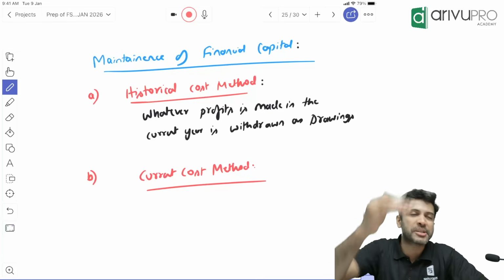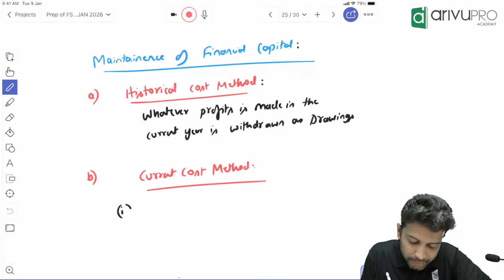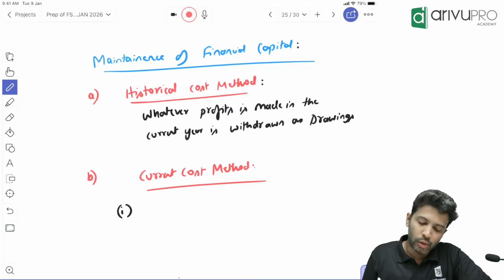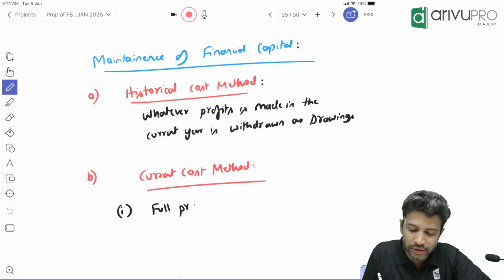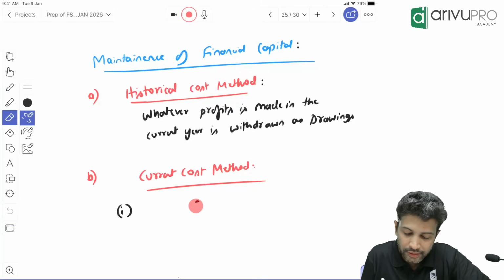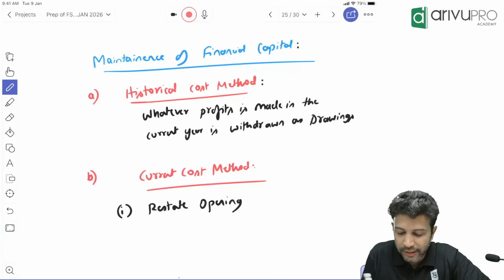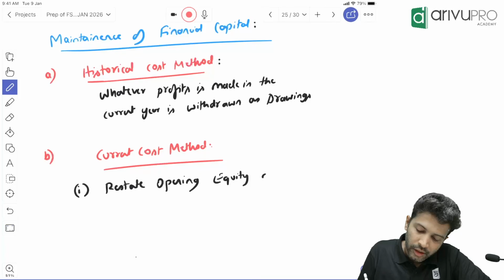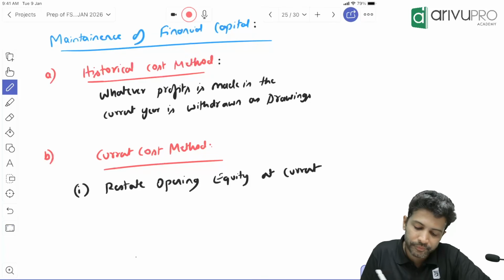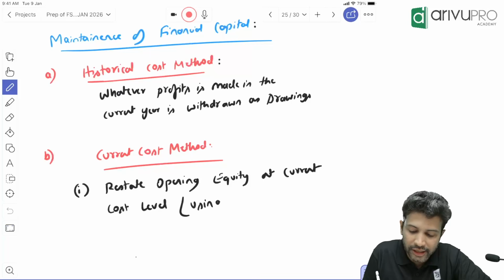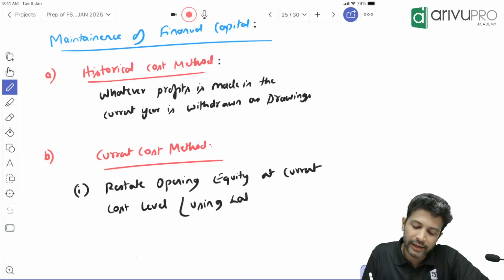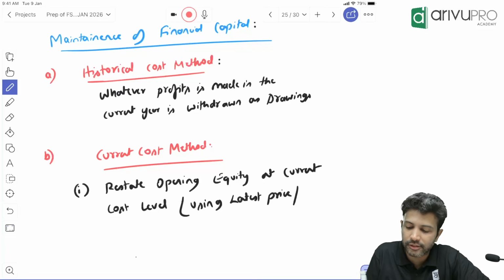Okay, current cost method. Write down first, people. Here, full profits are not withdrawn. Point one: restate the opening equity at current cost level, in bracket you can write using latest price or index.